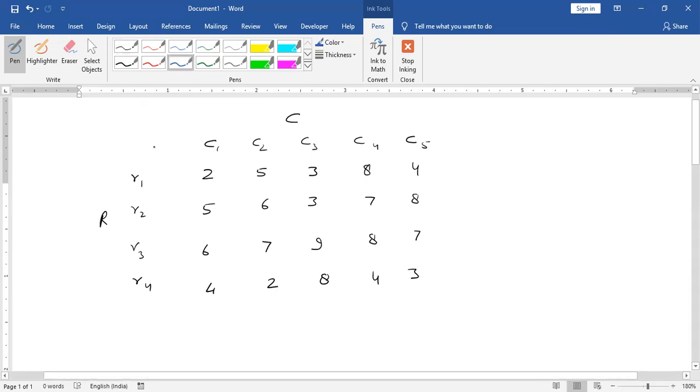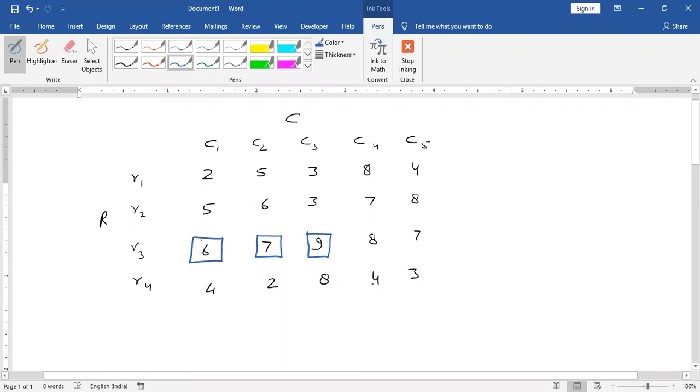What I told you yesterday is that we will find the maximum value in each column. In the first column the maximum value is 6, and I'm going to make a square on it. In the second column, the maximum value is 7. In the third column, the maximum value is 9.